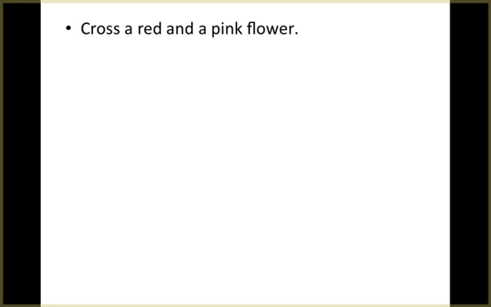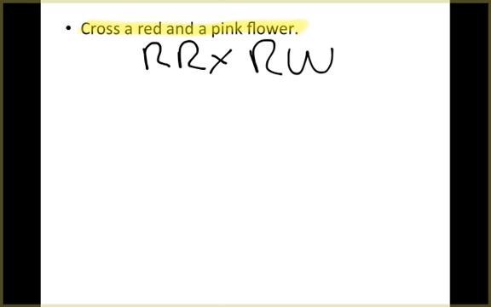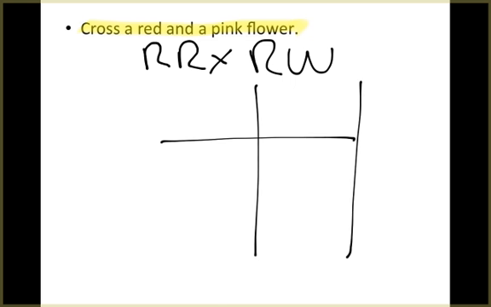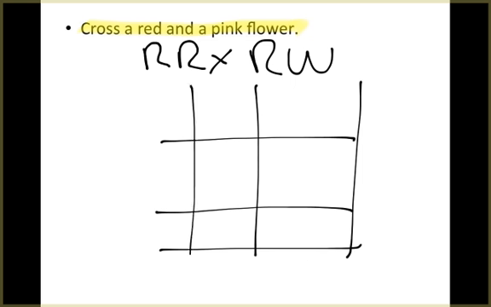The last practice problem says we want to cross a red and pink flower. I'm not going to write down the alleles because I'm hoping that you remember them. What's a red flower going to be here? Big R. And pink, big R and W. Again, same process as before. Cross your alleles. My R's look horrible, don't they?